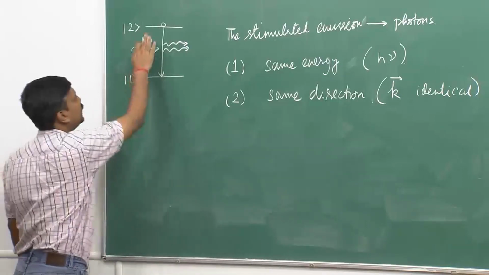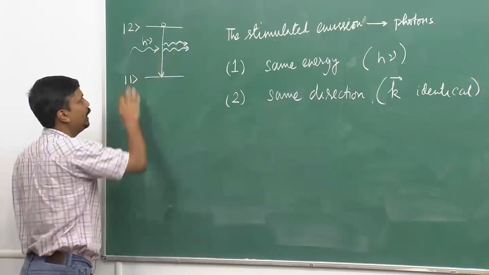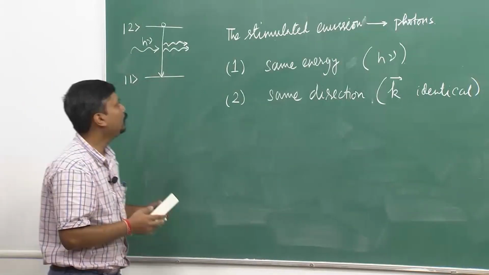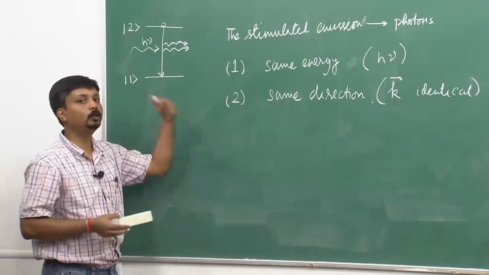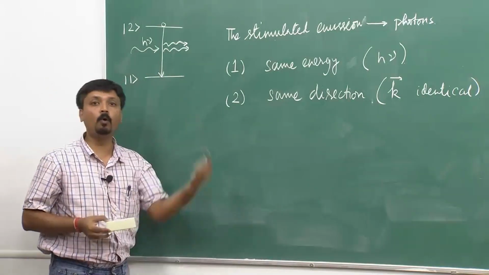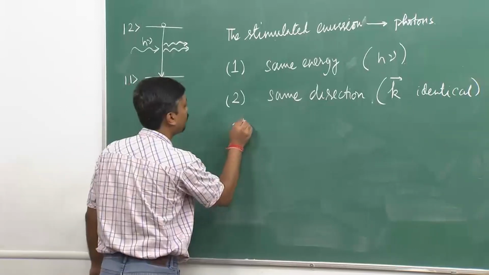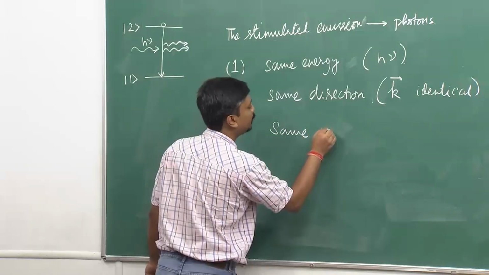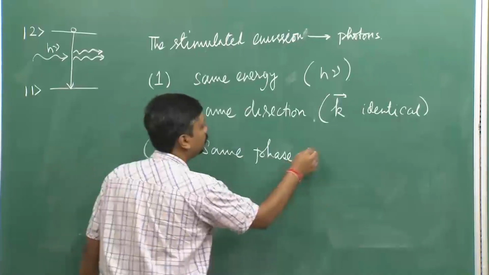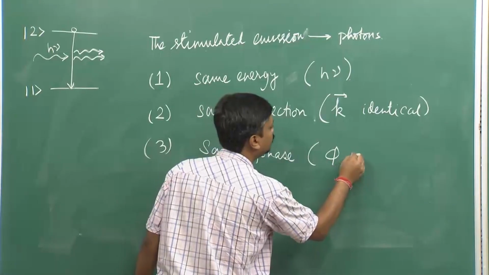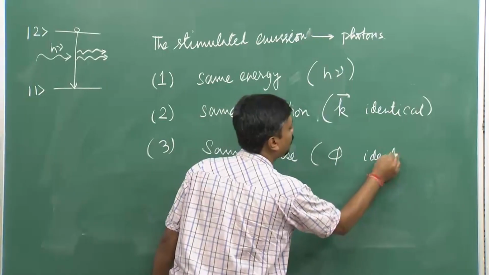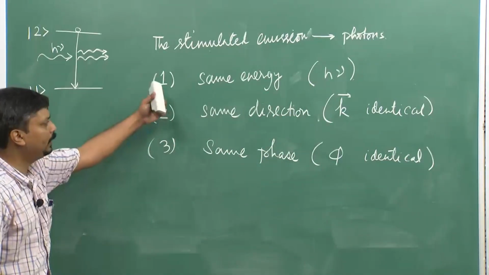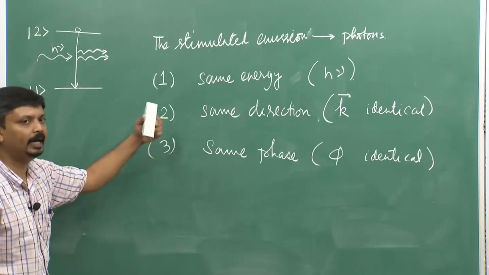Suppose there are many atoms excited here, and I am coming with n number of incoming photons, and there are 2n number of outgoing photons, then those 2n photons will be coherent. So, third is the same phase. So, phi is identical. So, same energy, same direction and same phase as that of the incoming photon.